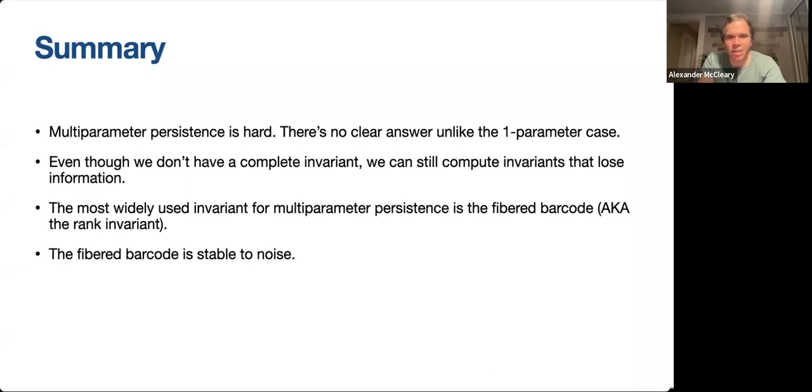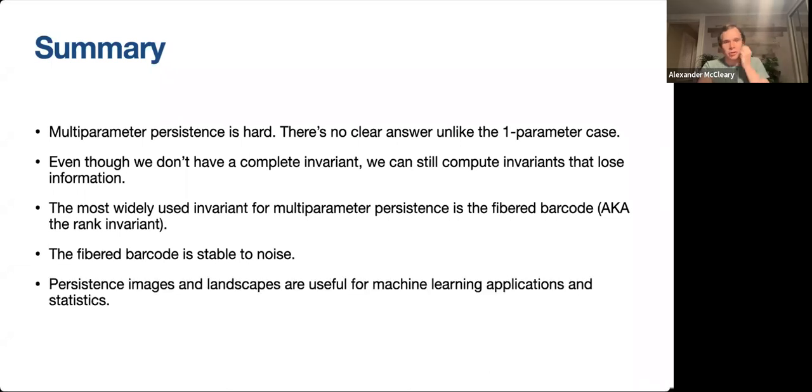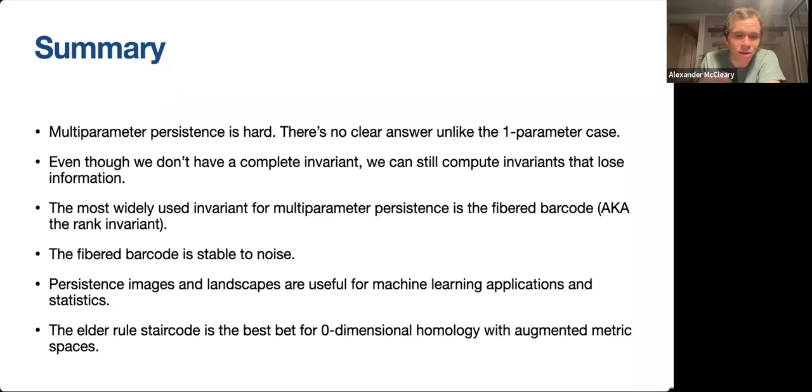The fibered barcode is stable to noise. And then there are also a couple invariants built off of the fibered barcode, persistence images and persistence landscapes. And these are also useful for machine learning and statistical applications. And then the elder rule staircodes is the best bet for zero-dimensional homology with augmented metric spaces.